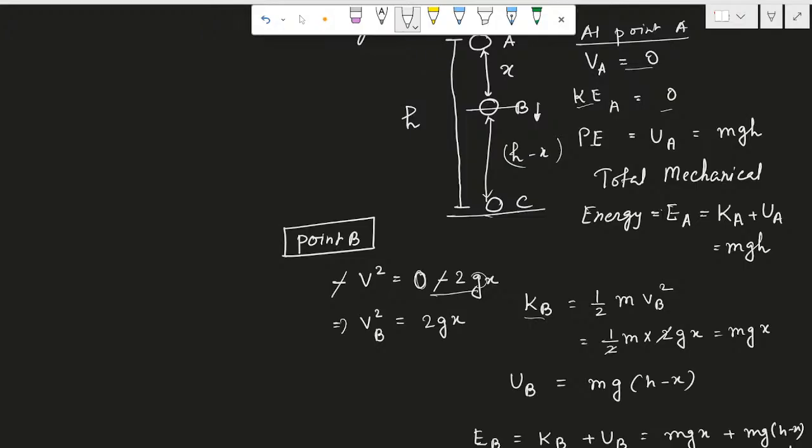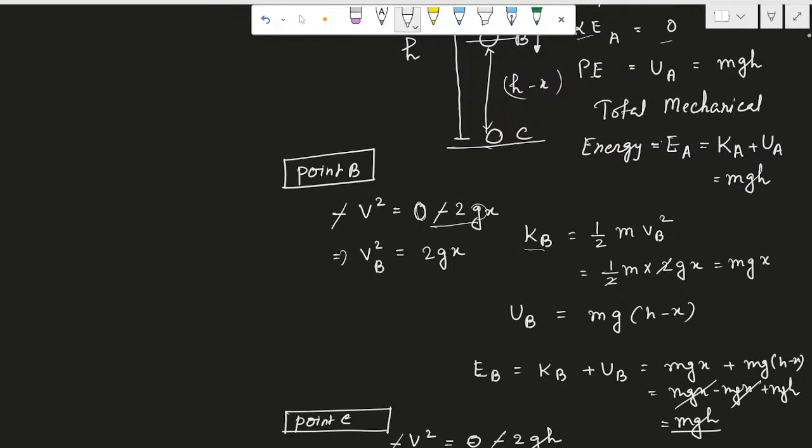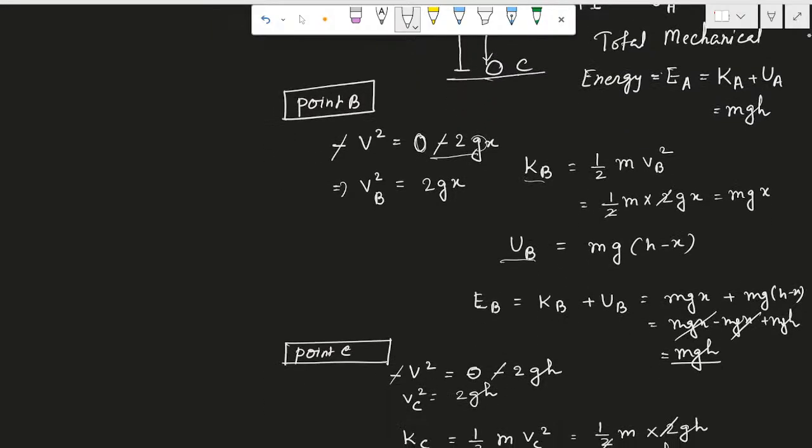Now the kinetic energy is half m vb square, which is mgx. The potential energy, because you take the height from the ground, is h minus x, so mg(h minus x). Therefore the total energy is mgx plus mg(h minus x). mgx and mgx get cancelled, and you are left with mgh.